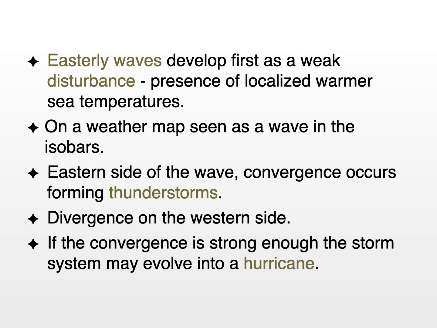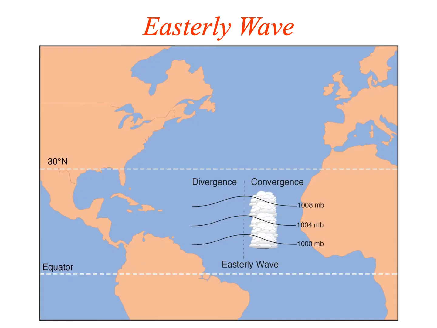And on the eastern side of the wave, convergence occurs, forming thunderstorms, and divergence on the western side. If the convergence on the eastern side is strong enough, it can organize into a self-sustaining low-pressure system and may become a tropical storm or a hurricane over time.